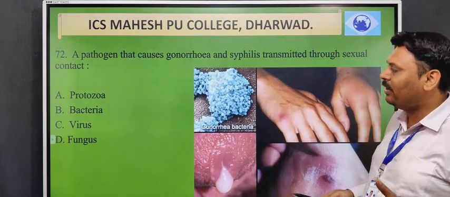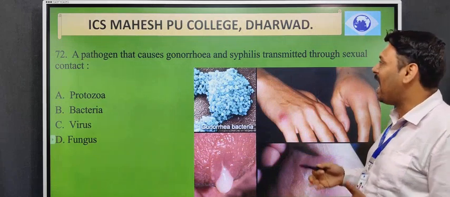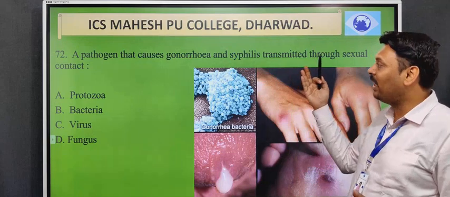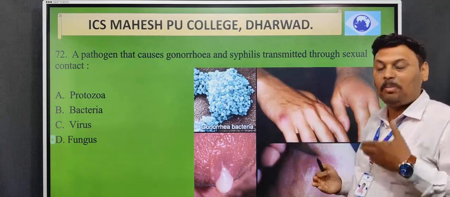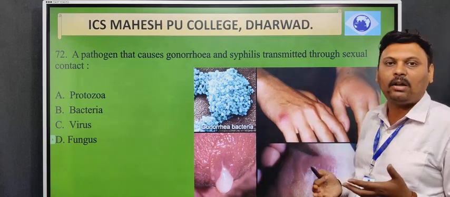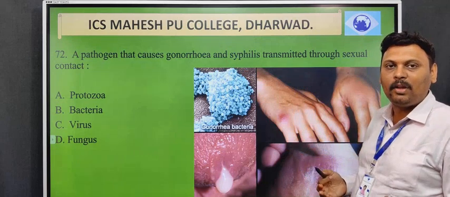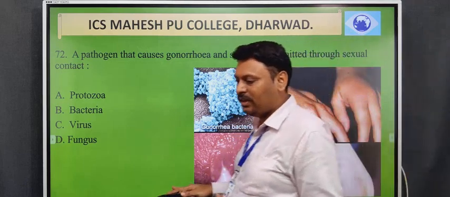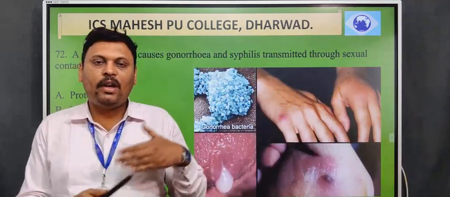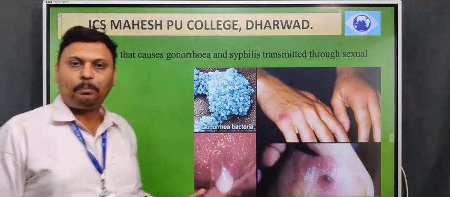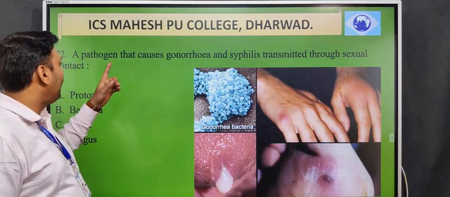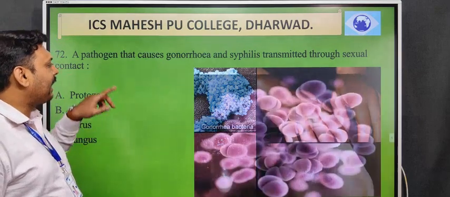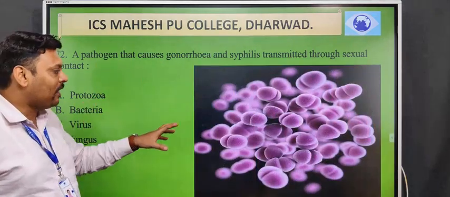These are diseases which can be transmitted through the sexual contact of male and female. If any one of them has any of these diseases, they may transfer it from one person to another person.